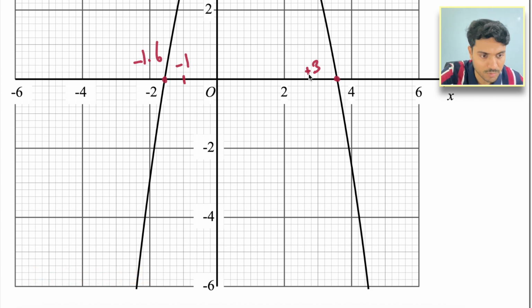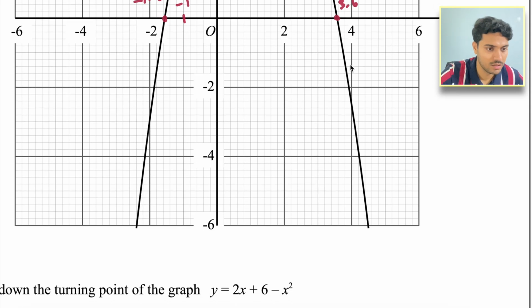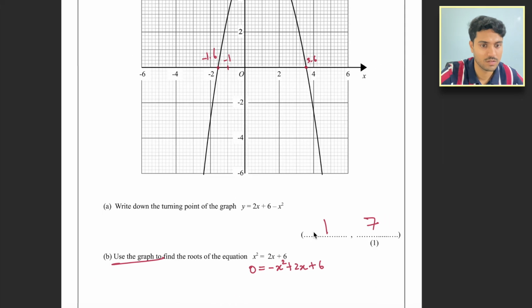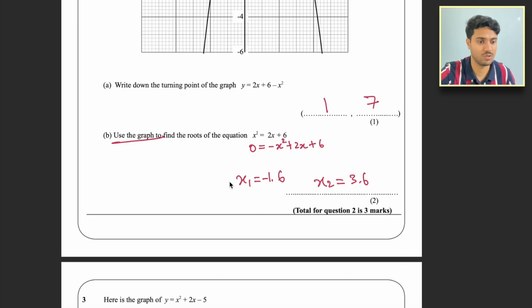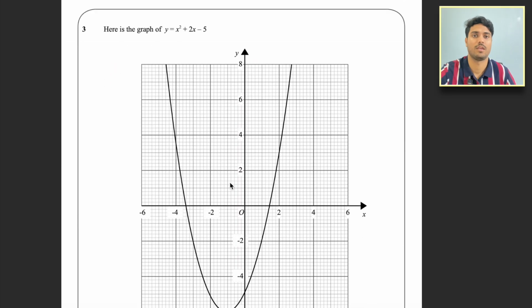So this is your negative 1.6, this is your positive 3.6. So x1 is equal to negative 1.6 and x2 is equal to positive 3.6. Let's move on.